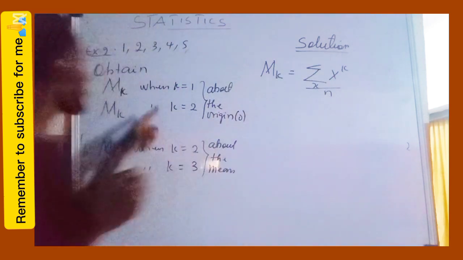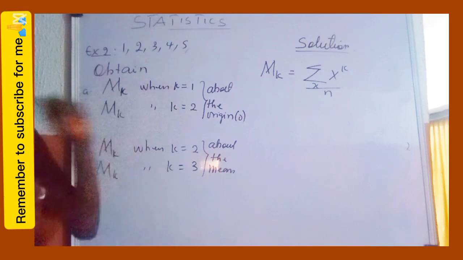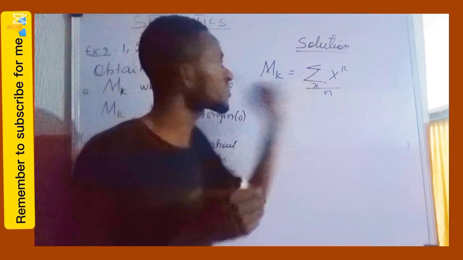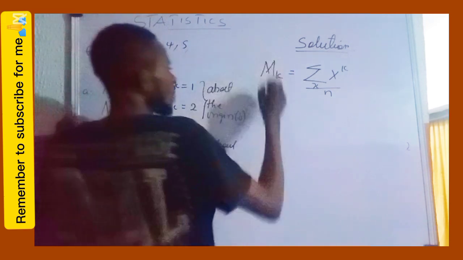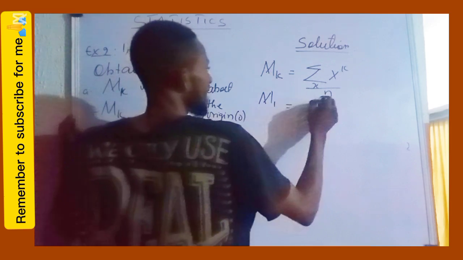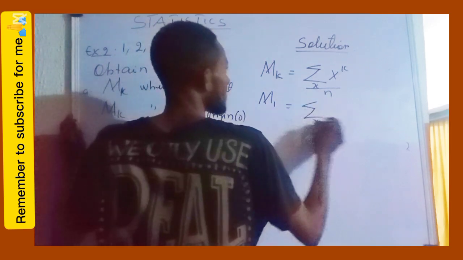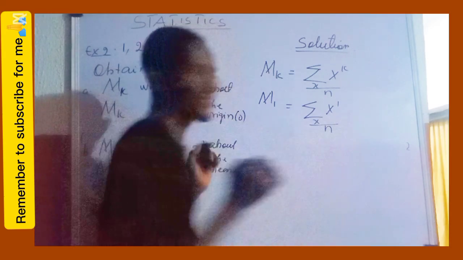But this time around, they ask us when K is equal to 1 and when K is equal to 2. So I'll first consider when K is 1. M subscript 1 is given as the sum over the range of x raised to power 1 all over N.